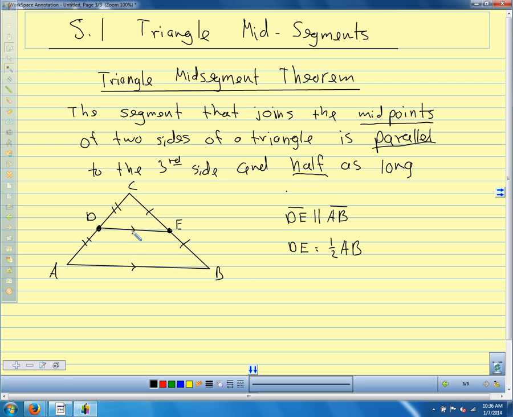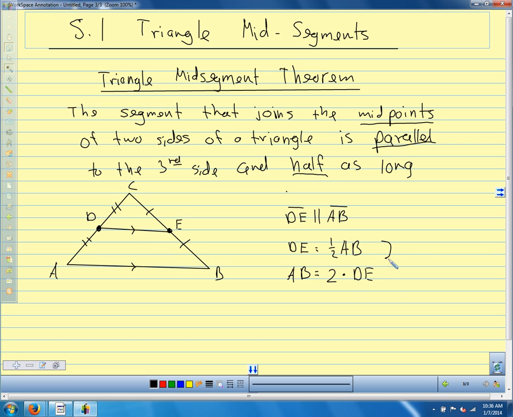So we could say that AB is 2 times DE. So this segment is twice as long as this segment. So that's the other way we can say it.